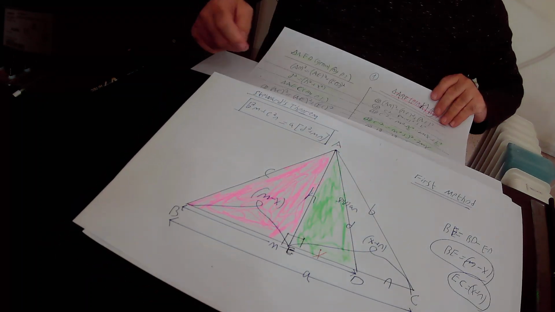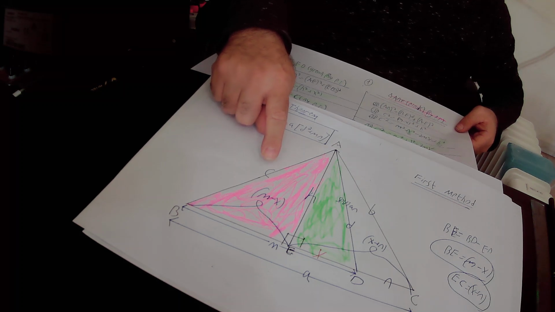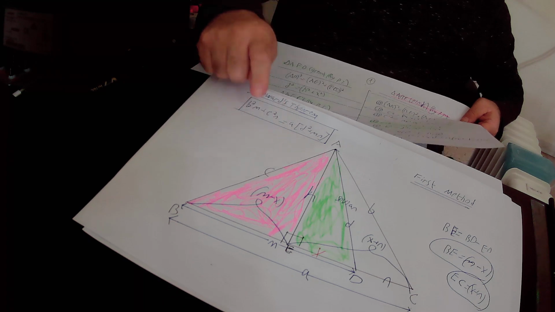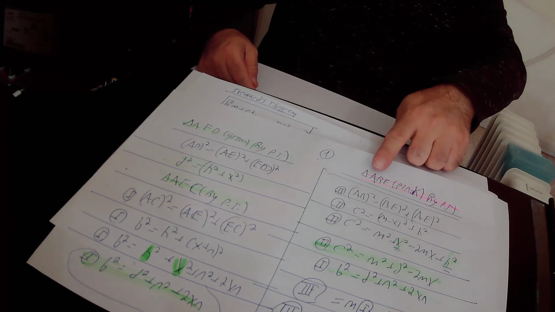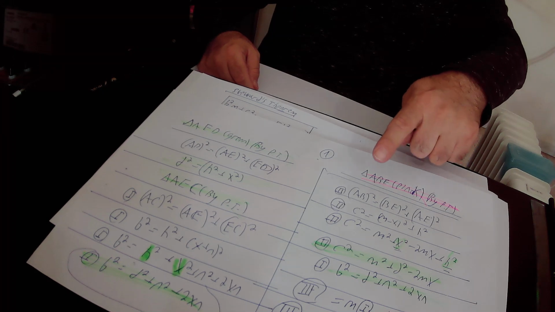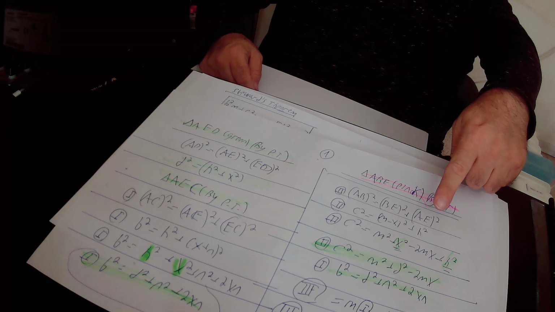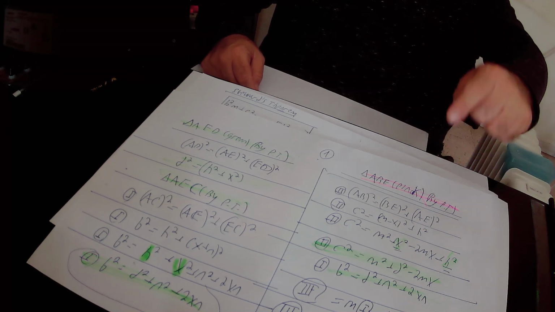AB is c, AE is h, and BE is m minus x. Therefore, AB square is c square, BE square is (m minus x) square, and AE square is h square. Therefore, c square equals (m minus x) square plus h square.